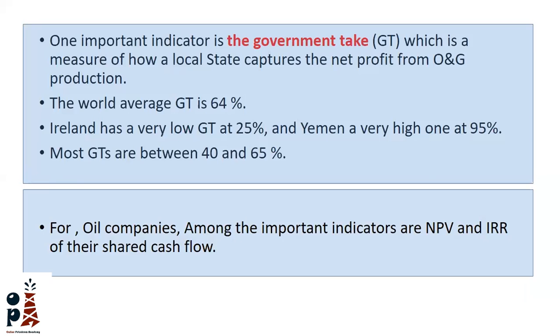Ireland has the lowest one, at 25%, and Yemen has the highest one, at 95%. The average government take is between 40 and 65%. For oil companies, the important indicators are net present value and the internal rate of return (IRR) of their shared cash flow.